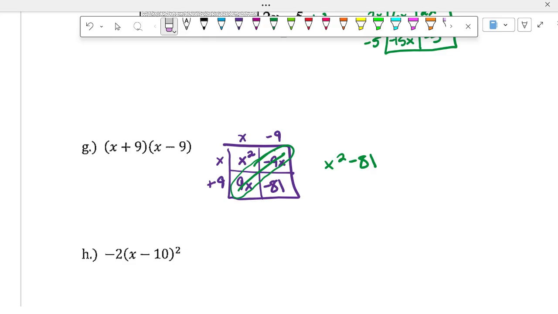What operation is being done to those two terms? So x squared minus 81, what operation is that? Come on, guys. What operation is x squared minus 81? Subtraction. What's another name for subtraction that starts with a D? Come on, that's elementary school level.